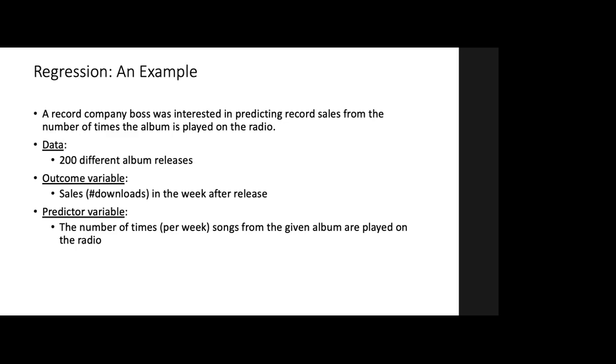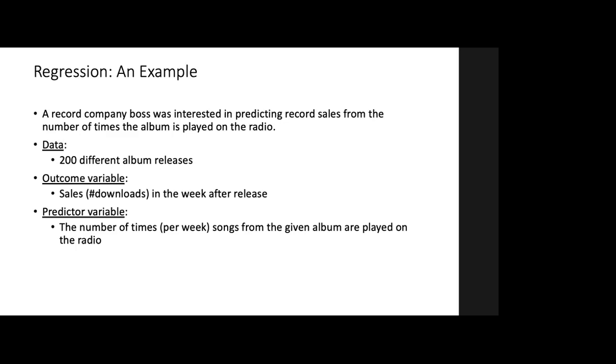Our outcome variable would be the sales numbers, which could be operationalized as the number of downloads in the week after the release of the album. And our predictor variable would be the number of times per week that songs from a given album are played on the radio.